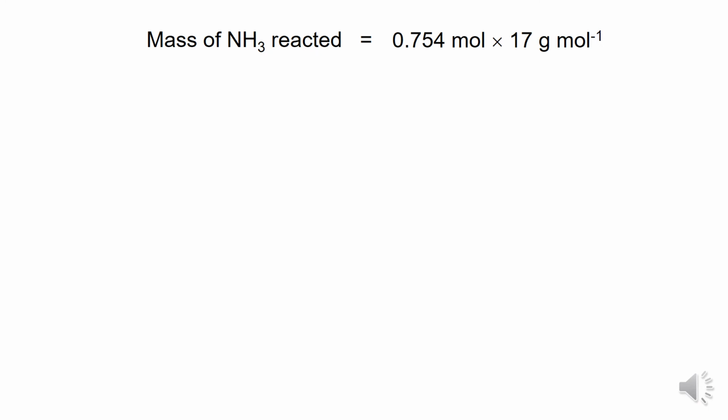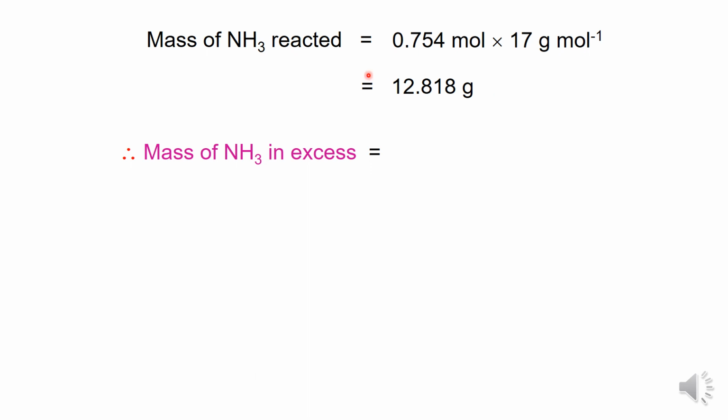So what is the mass of ammonia in excess? Now we calculate the mass of ammonia reacted: 0.754 mole times 17 gram per mole. So the mass of ammonia reacted is 12.818 gram.